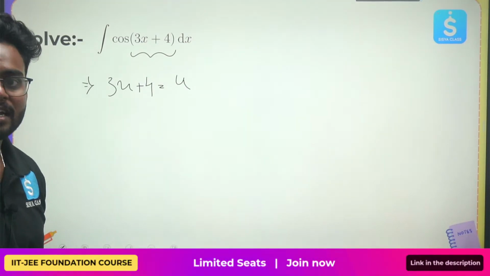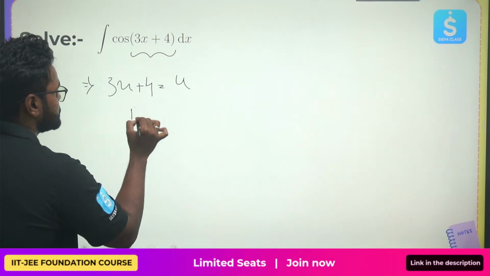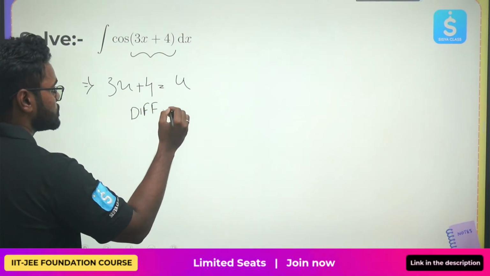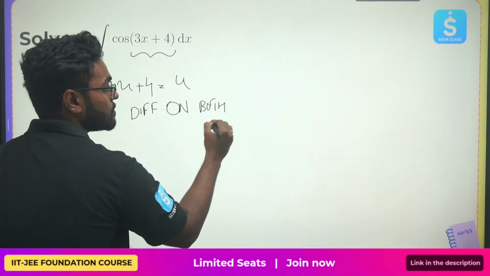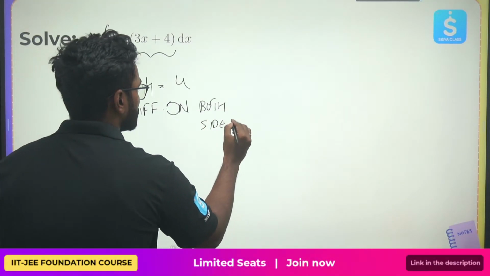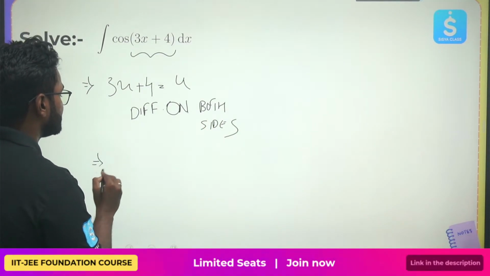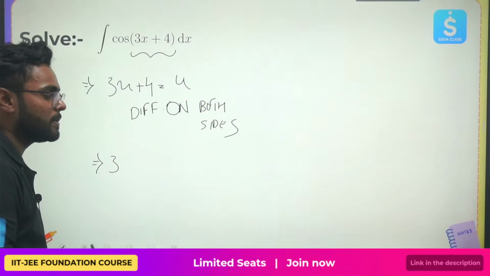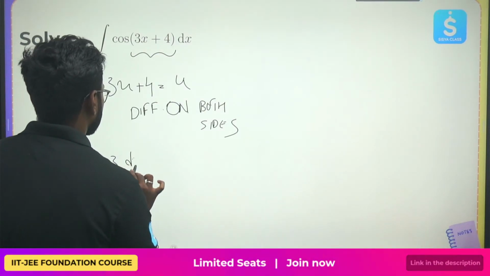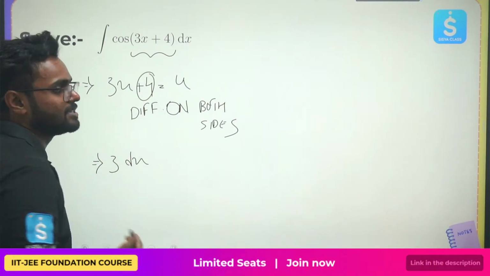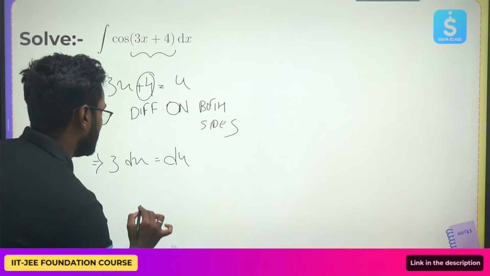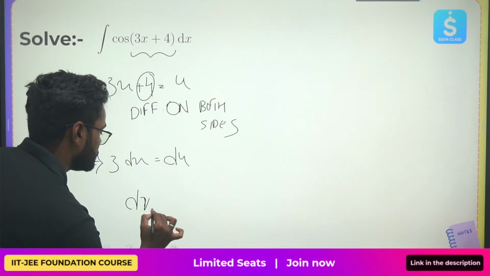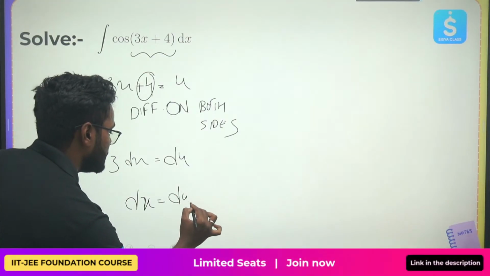Now, let us differentiate it on both sides. What will it be? 3. Differentiation of x would be 1, right? 3 dx. Differentiation of 4 would be 0 since it's a constant, is equal to du. Okay, dx would be du by 3.